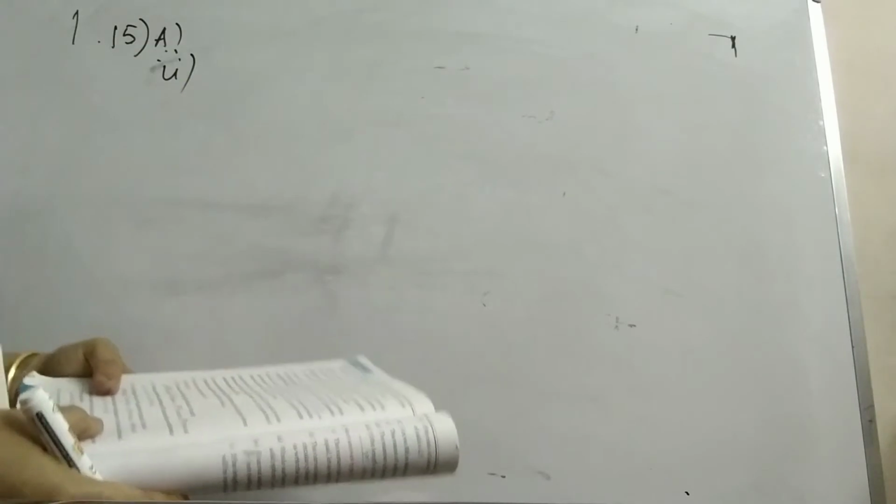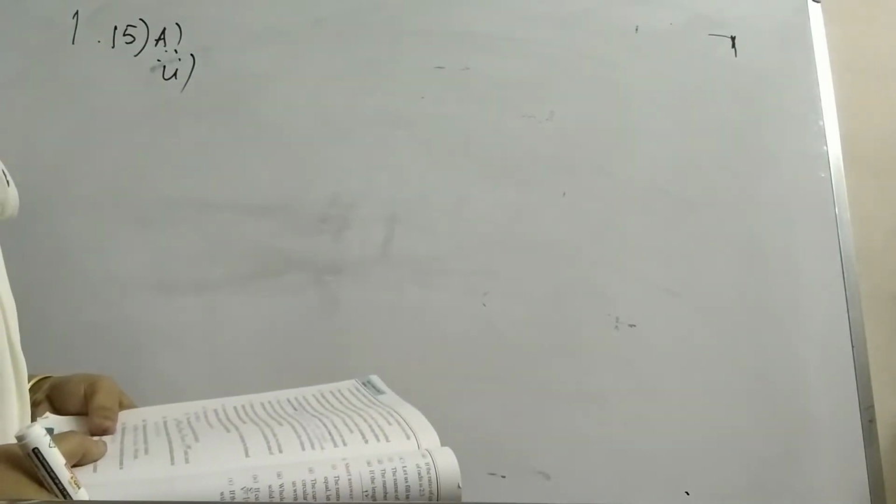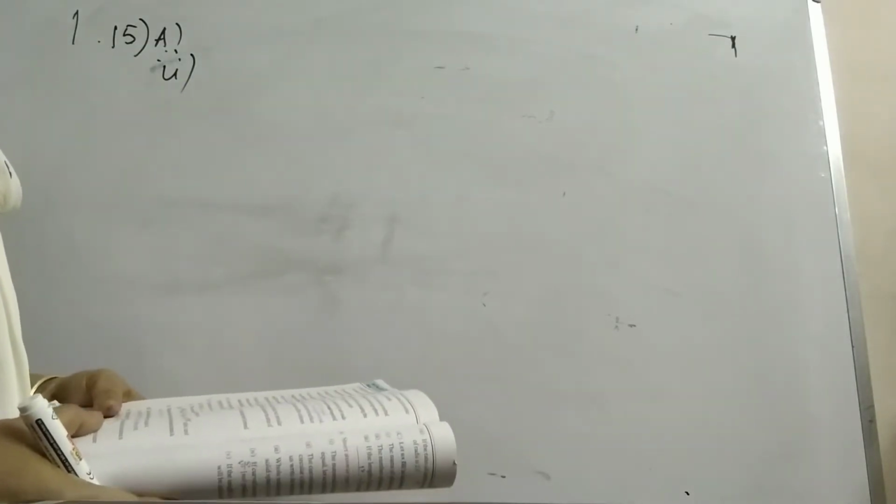A2. If the ratio of the volumes of two solid spheres is 1:8, the ratio of their curved surface areas is what?